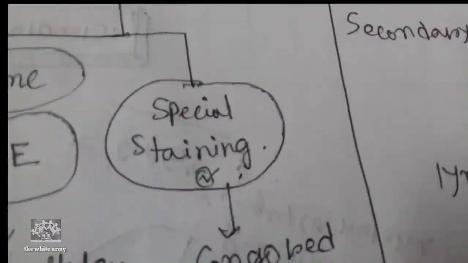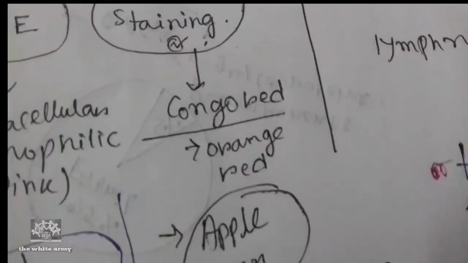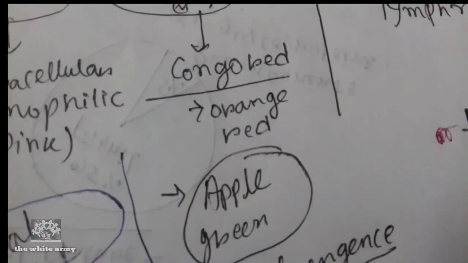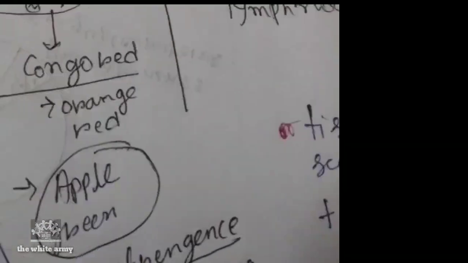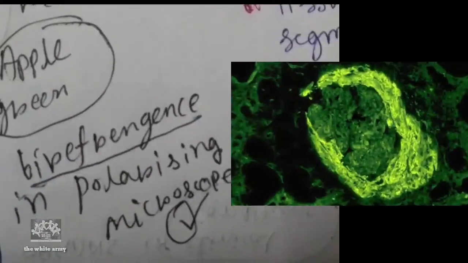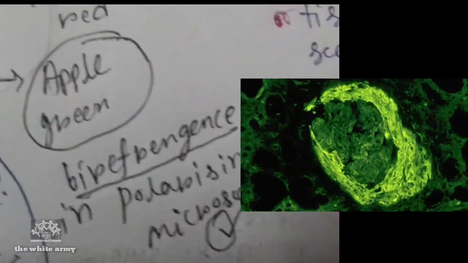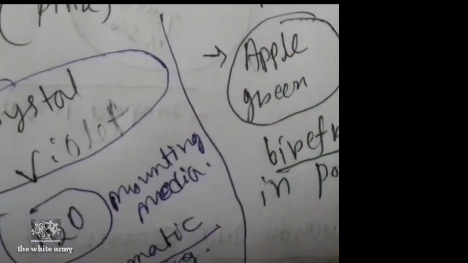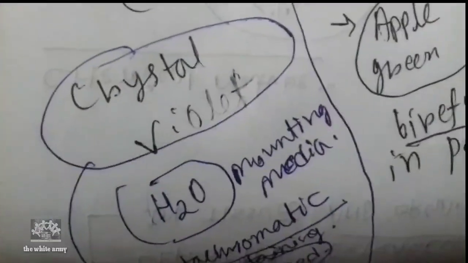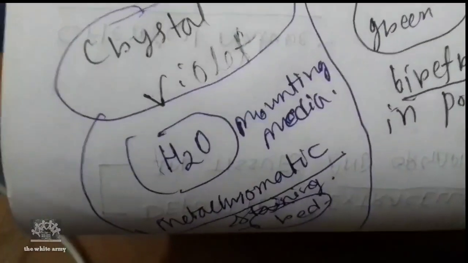In the special staining, if we use Congo red, the amyloid takes an orange-red color under a light microscope, and if we see it by polarizing microscope, we can see apple green birefringence. This is very important. And if we use crystal violet and use distilled water as mounting media, we can see metachromatic staining.